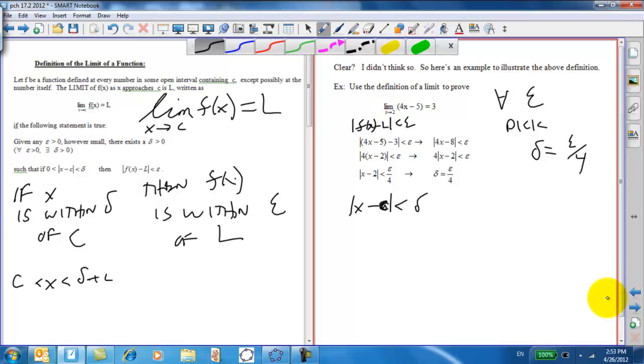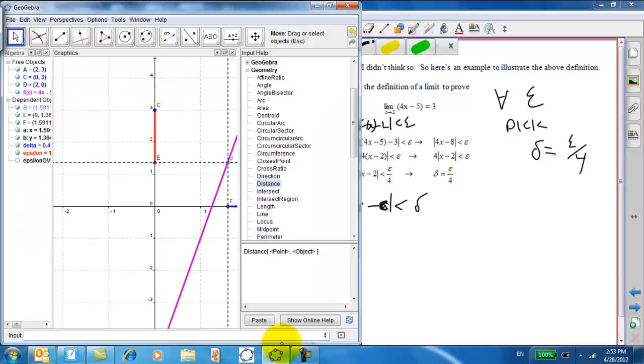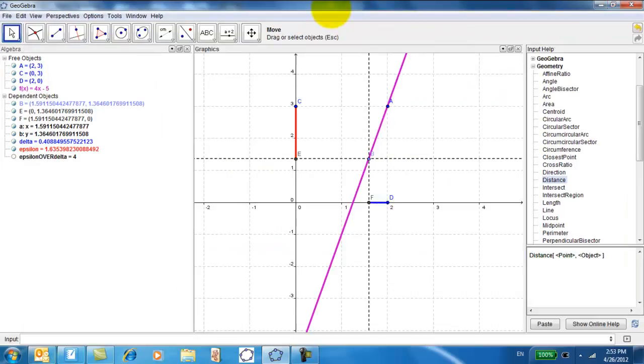Let me show this to you on GeoGebra so you get a visual idea of what's going on here. Here's the idea. Oh my gosh, GeoGebra's freaking out again. There we go. Here we go. In purple is the function 4x minus 5.